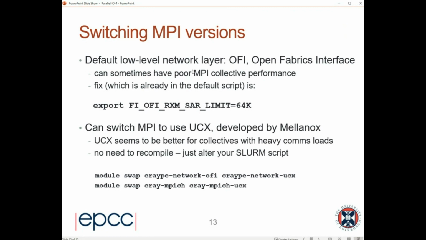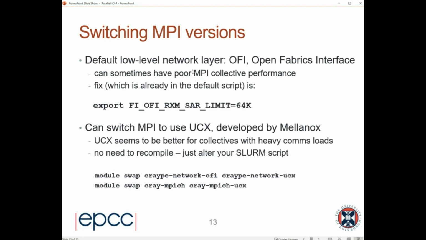So the fix is to set this bizarre internal variable to be 64K. I can't remember what the default is actually. It's much smaller, and this helps the performance of MPI collective routines on ARCHER2, and hence improves the performance of collective I/O. However, you saw that fix was already in the default script if you'd looked, and it still wasn't brilliant.